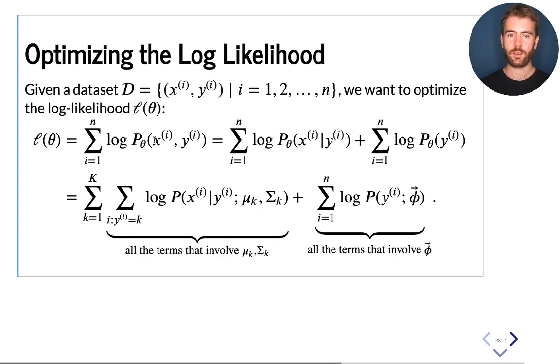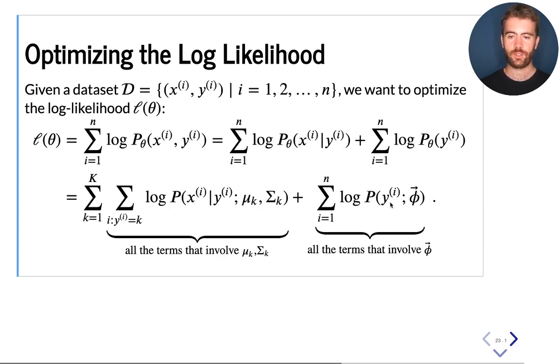And we can rewrite this in a slightly different form. Since we defined this joint as having two components, y and x given y, we can simply break it down into two sets of terms, the terms over y and the terms over x given y.